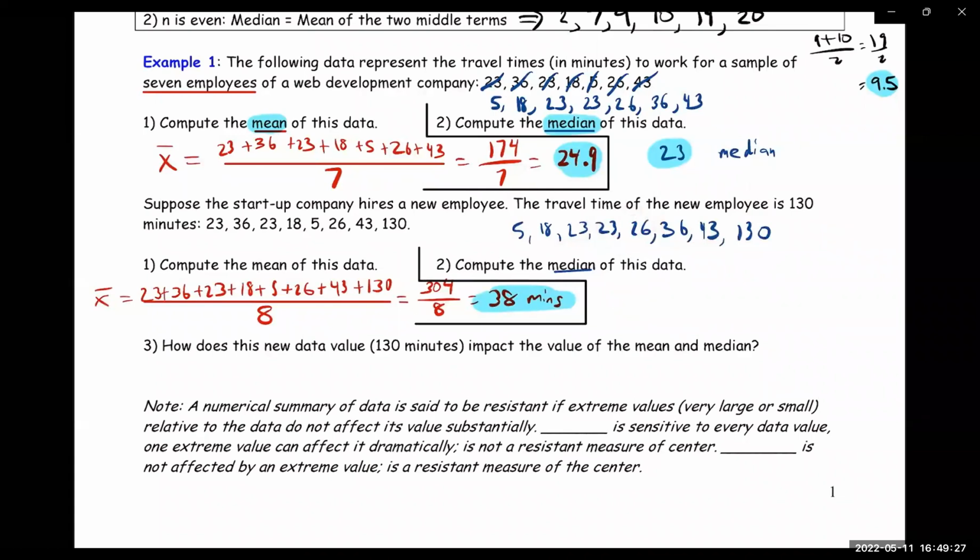So the median is equal to 23 plus 26 divided by 2, which is 49 divided by 2, which is 24.5. All right, so that is going to be the median.